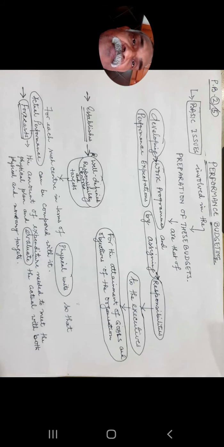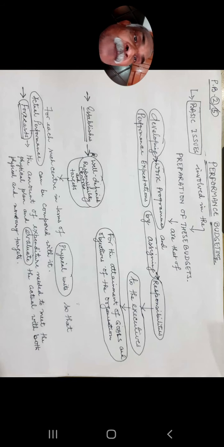Now, what are the basic issues of performance budget? The basic issues involve the preparation of these budgets, that is, developing work programs and performance expectations, because we have expectations of performance.